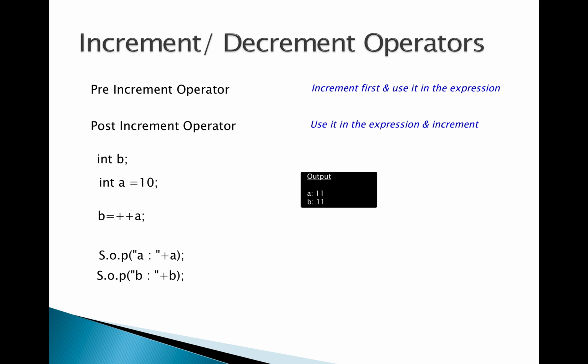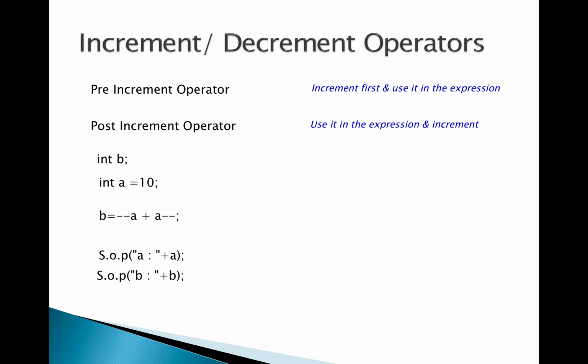Okay, let's do a more complex example with this. Let's take this expression. Let's see what would be the b's value here and also the a's value. So here b is equal to minus minus a plus a minus minus. First we'll start with minus minus a.